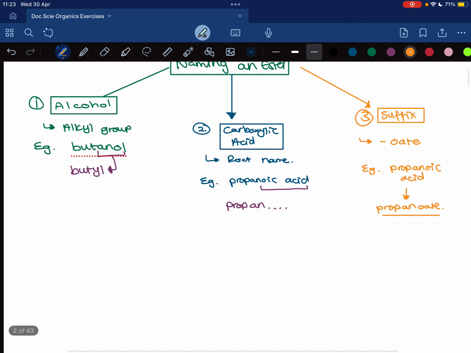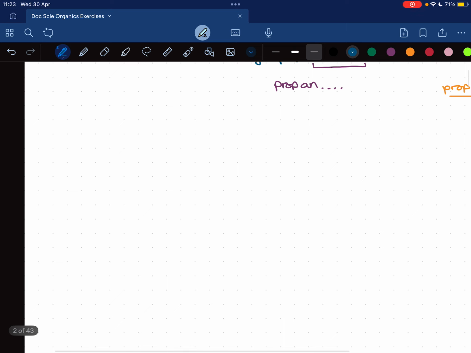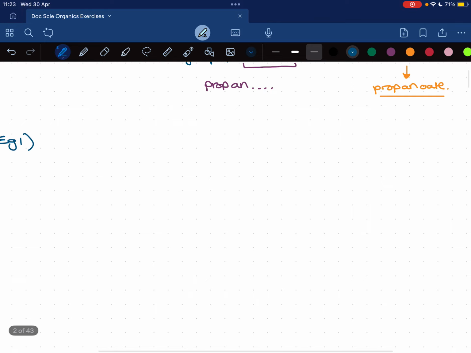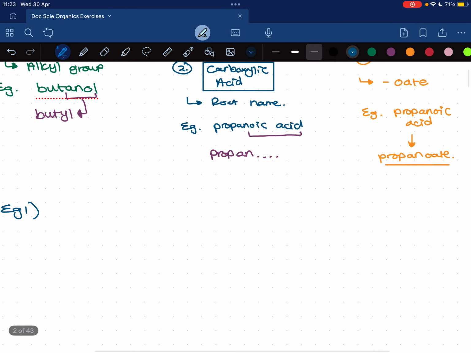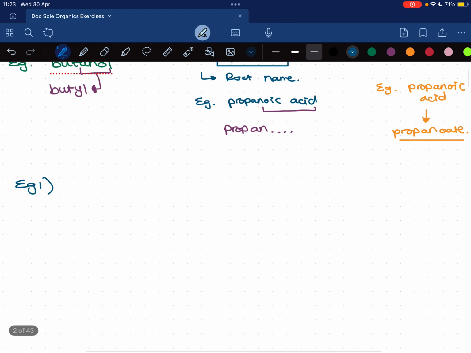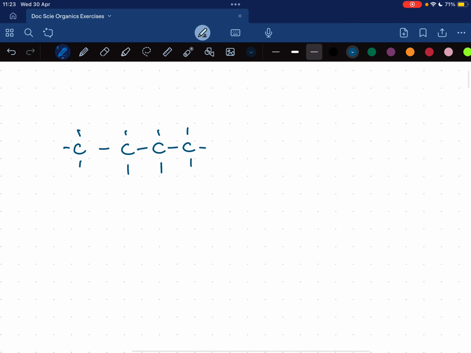Okay, so let's have a look at an example. You're given the following functional group. We'll use butanol and we will use propanoic acid. So it says C, 4 C's, and then we'll have the O like that.